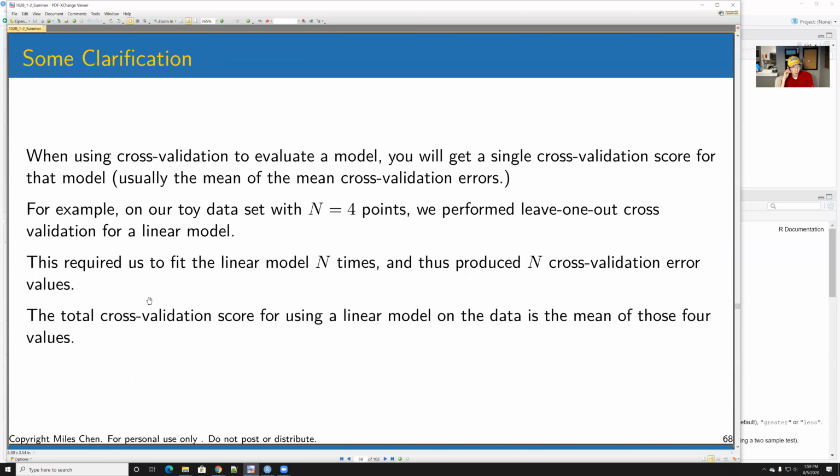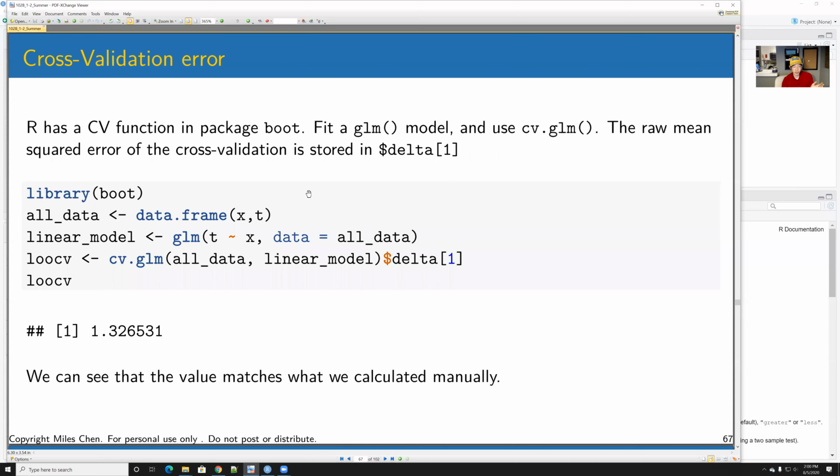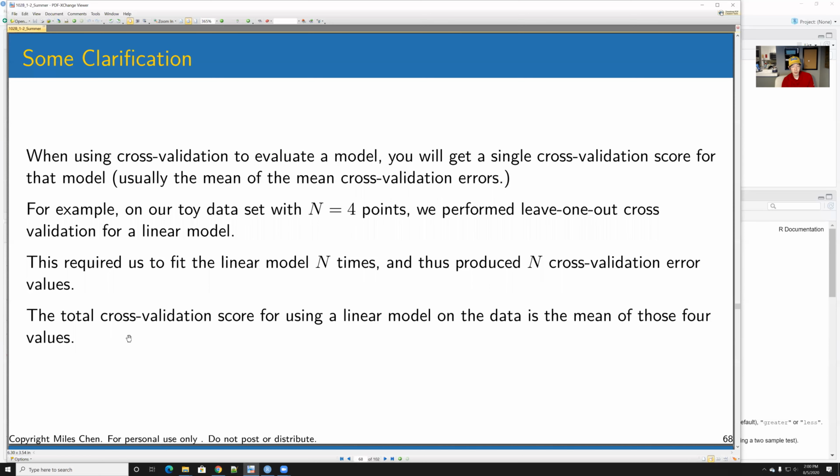When you use cross-validation to evaluate a model, you get one cross-validation score for that model. In this case, for the linear model, the cross-validation score is 1.326. We had 4 data points, so we fit the linear model 4 times, and it produced 4 different cross-validation errors, and then we took the average of all of those.